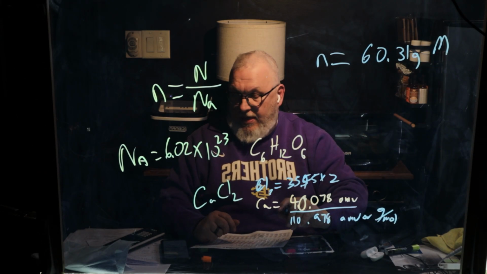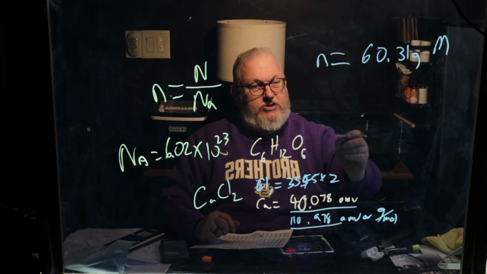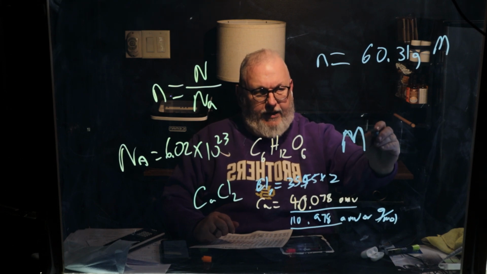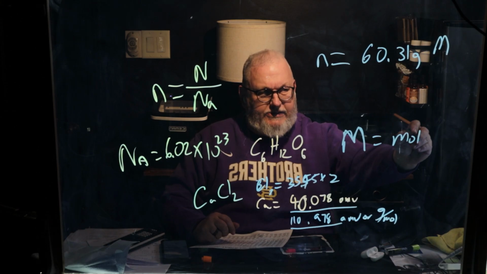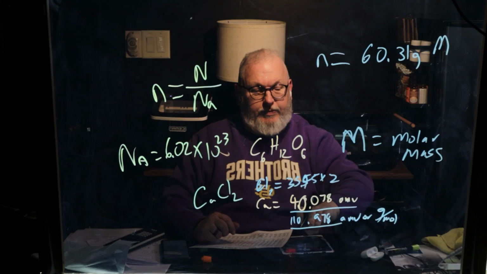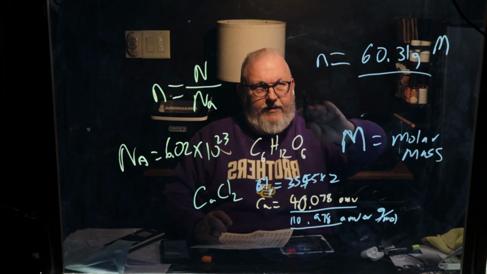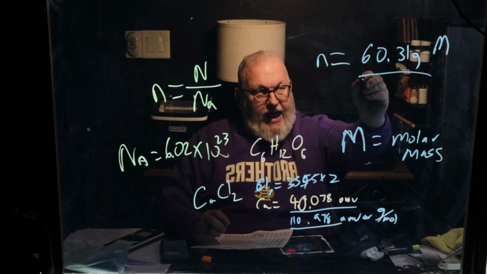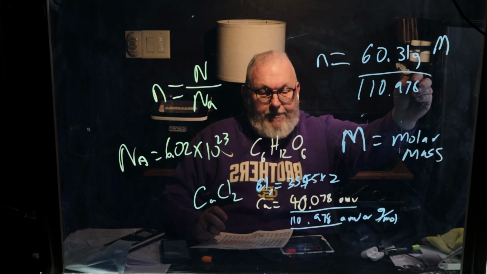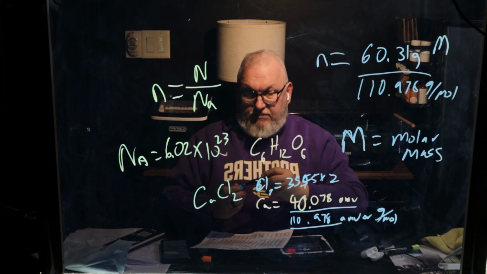Now our molecular mass for calcium chloride would be down there. That's a capital M, our molar mass. So in order to get the number of moles that I have, I'm going to divide the mass of the sample by the molar mass, okay?